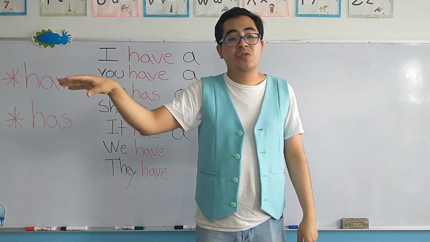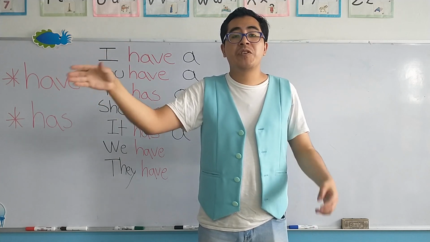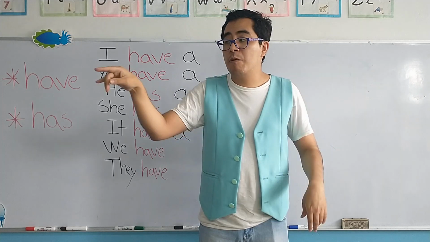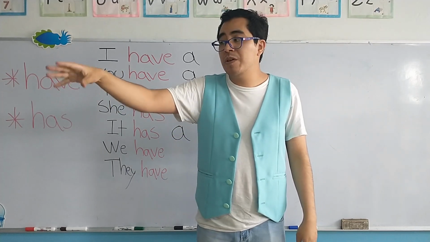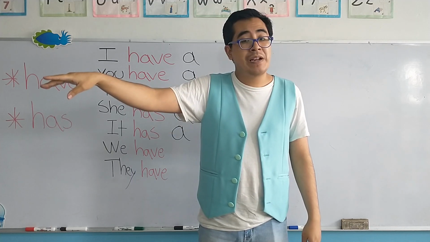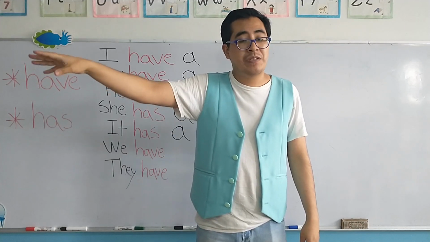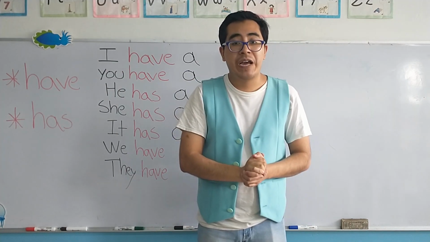They, ellos, to talk about a specific group of people in which the person that is talking or pointing is not included. Recuerden que ellos es un grupo de personas en donde la persona que está hablando o está señalando no está incluido, no está en ese grupo. Okay? Those are the personal pronouns.